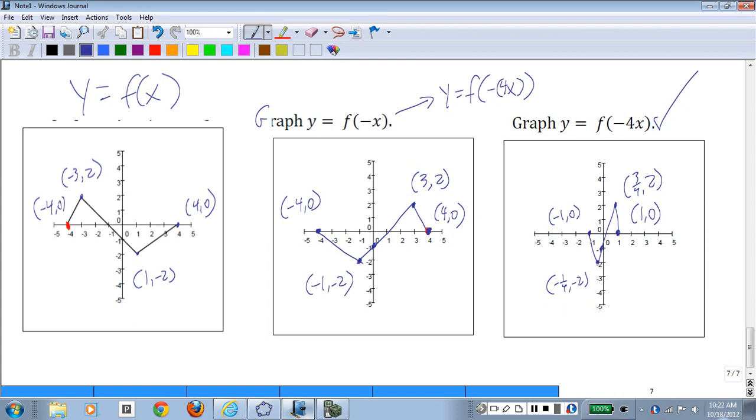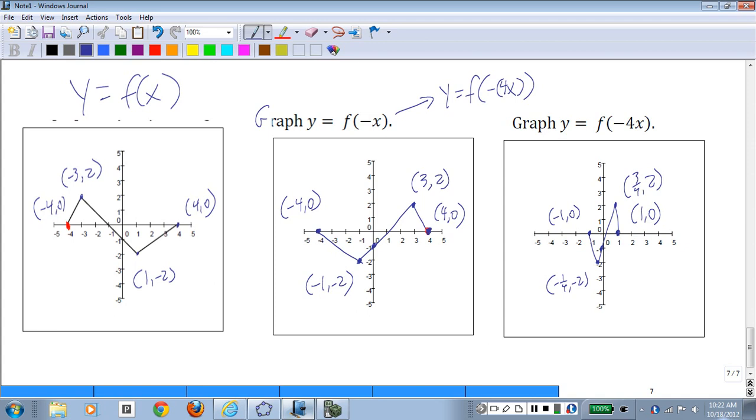Now suppose we're trying to sketch the graph of y equals f of negative 4x. And we're not thinking about transformations. We're just thinking, I've got an x coordinate of 3/4, and I wonder, what should the y coordinate of that point be? I don't know why 3/4 is so important to me, but it's one that I can actually answer.